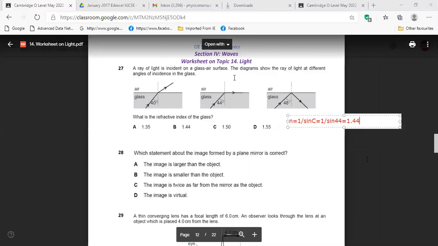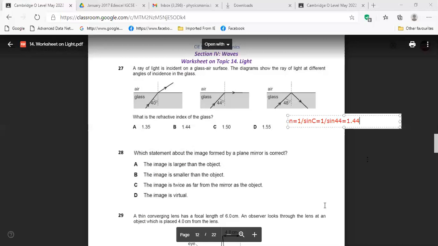When light travels from a denser to a rarer medium, the angle of refraction is a right angle, 90 degrees. So the critical angle is an angle of incidence, right?